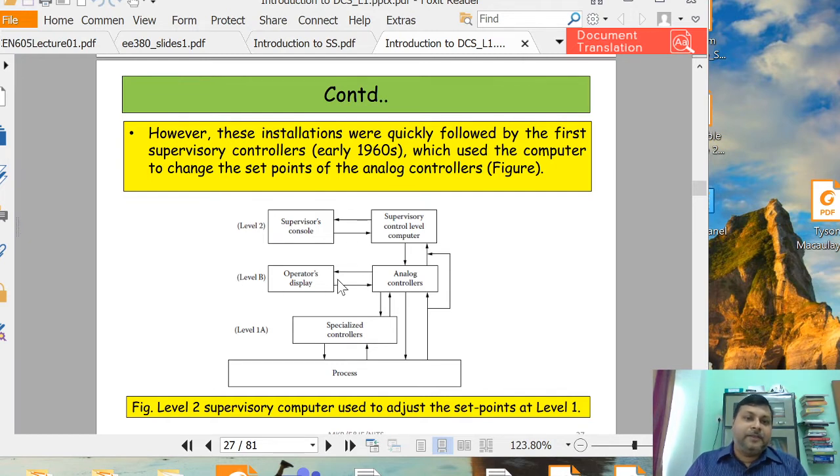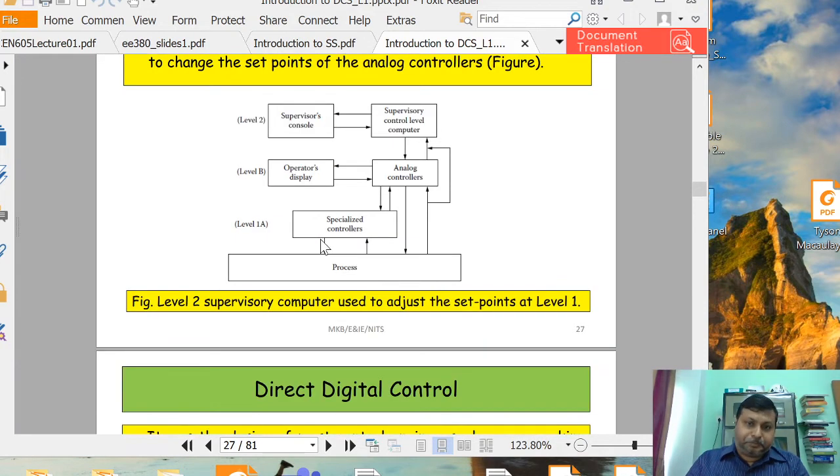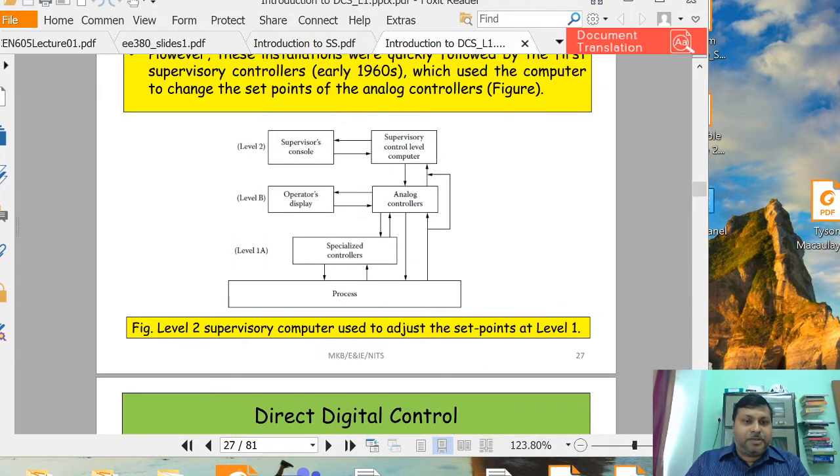That is level 1B. To change the set point of the analog controllers, we use the supervisory control level computers, and there must be a supervisor console. The supervisor console is used to change the set point of the analog controller. So that is the use of computers at level 2. The level 2 supervisory computer is used to adjust the set point at level 1.